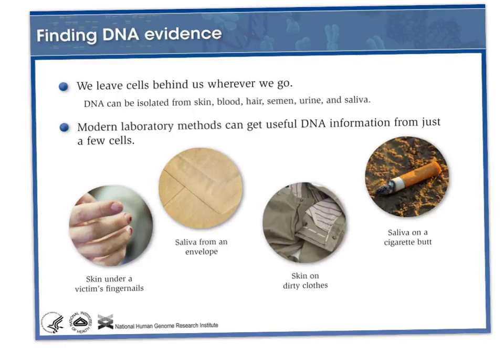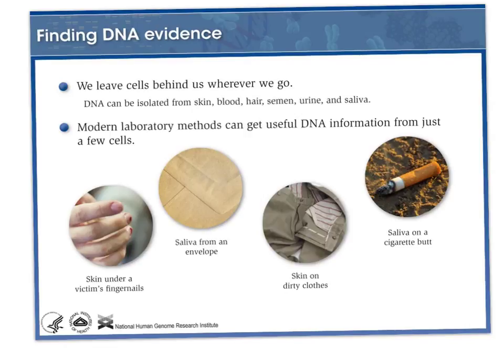You can get DNA, let's say you have an individual who's been raped, and she fought the individual, and there's skin samples underneath her nails, saliva from an envelope, skin on dirty clothes, saliva on a cigarette butt. You can collect DNA on all sorts of different places.